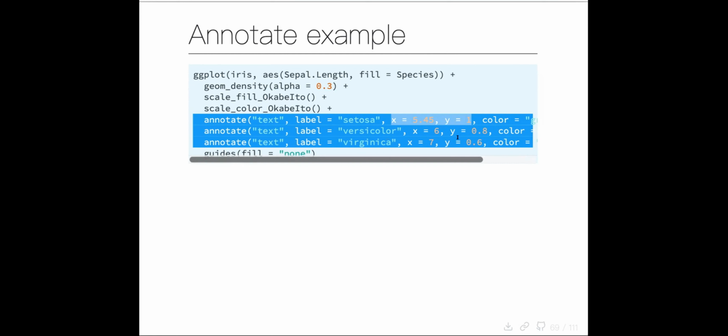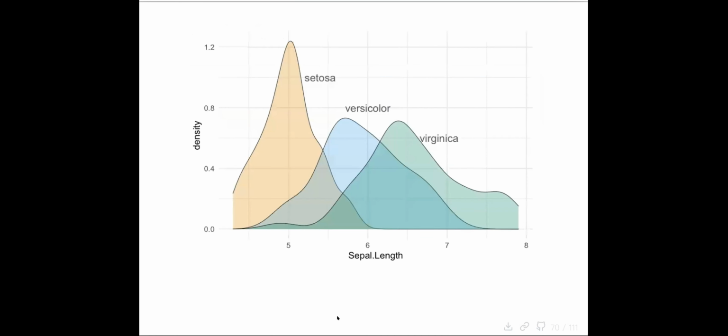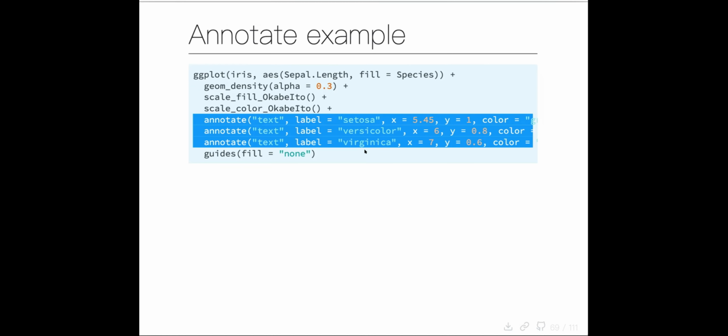So I'm saying gray 40 on all of these. And that's it. I take those same values I had before, and when we add them, it looks like this. So this is basically the same sort of thing. We're just doing it through 3 lines of annotate now, rather than creating a new data frame and then adding a layer for that data frame.